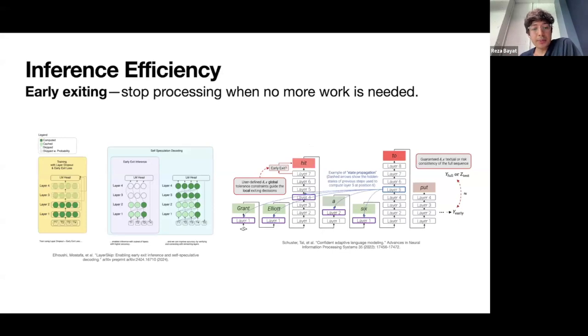Previous works have explored inference efficiency by stopping processing tokens when no more work is needed. What do I mean by that? For example, in the LayerSkip paper, the authors define a new type of inference approach that exits at intermediate layers when we assume further computation is not necessary for those tokens.